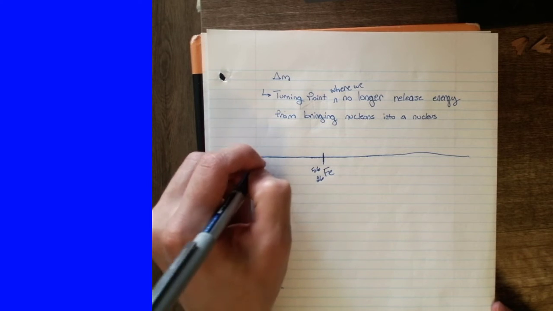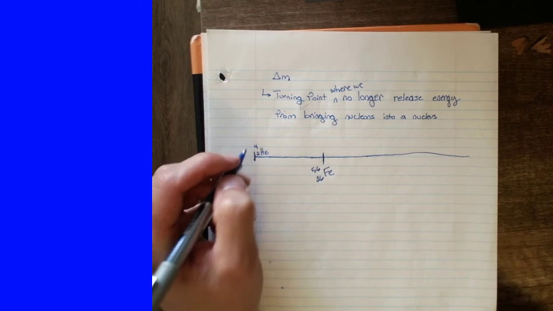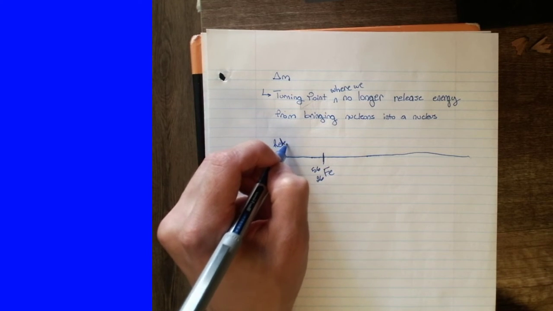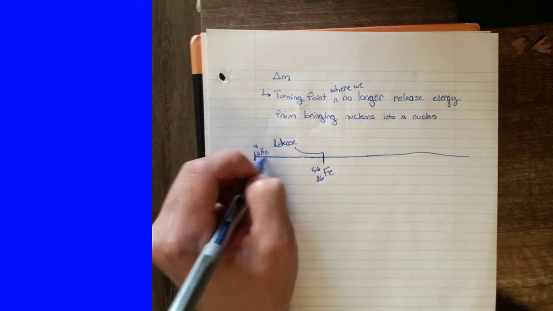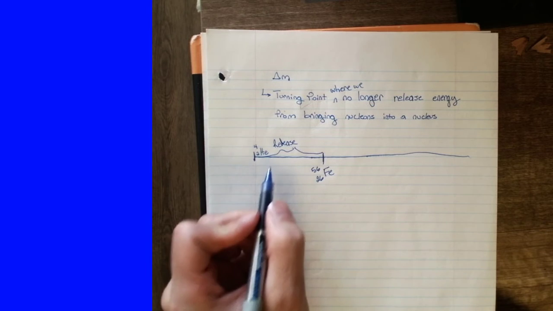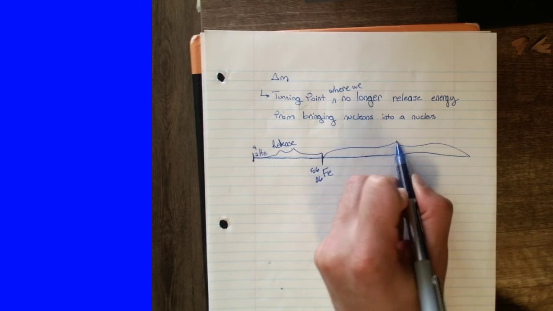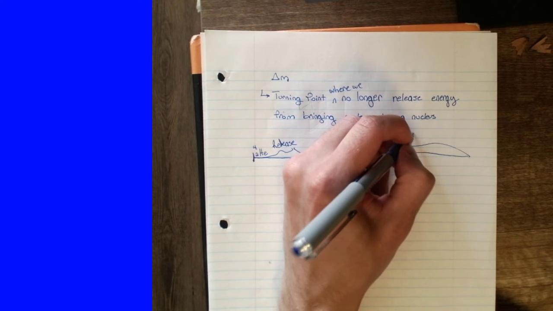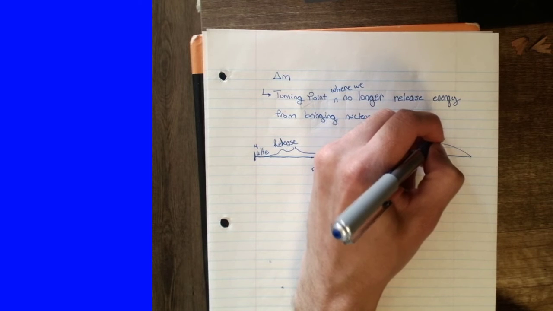So here we have our helium 4-2 that we just put together, and everything here releases energy from just being put together. Everything past this actually costs energy to put together.